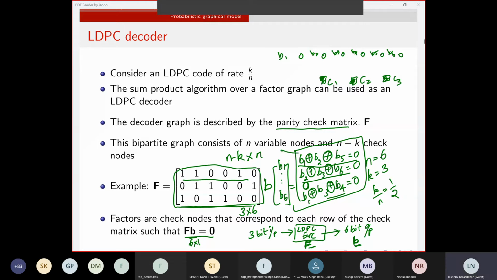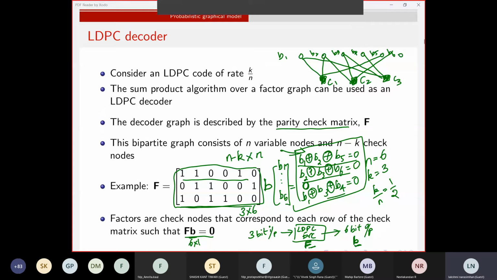The first factor is connected to variables 1, 2, and 5. The second one is connected to 2, 3, and 6. And the third one is connected to 1, 3, and 4.